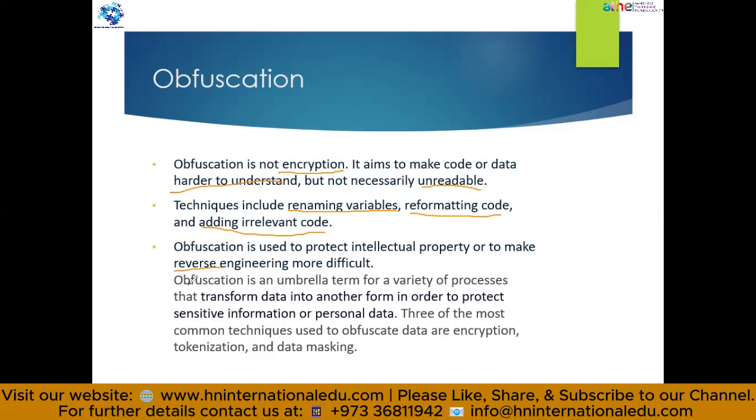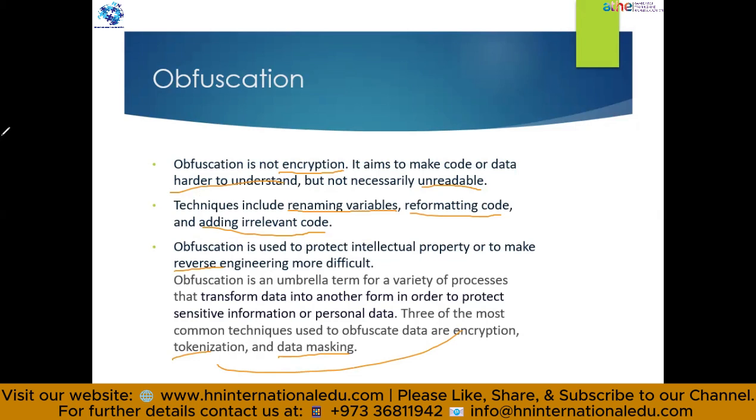Okay. Obfuscation is an umbrella term for a variety of processes that transform the data into another form in order to protect sensitive information or personal data. Three of the most common techniques we can use to obfuscate data are encryption, tokenization, and data masking. So all of these are going to make the information unreadable by a third person.